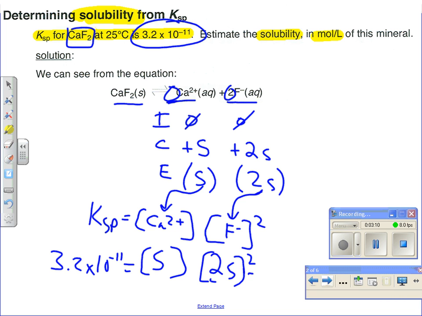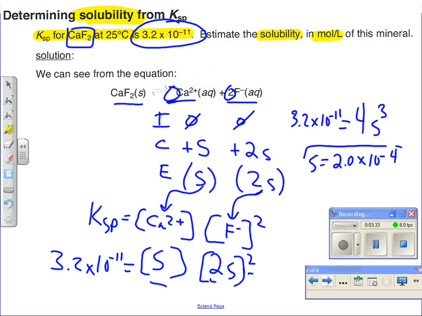So I get 4S squared times another S. This side simplifies to 4S cubed equals 3.2 times 10 to the negative 11th. Then I just do a little algebra: I divide by 4, take the cube root of the value, and S comes out to be 2.0 times 10 to the negative 4th. That is my solubility, the molar solubility of CaF2.